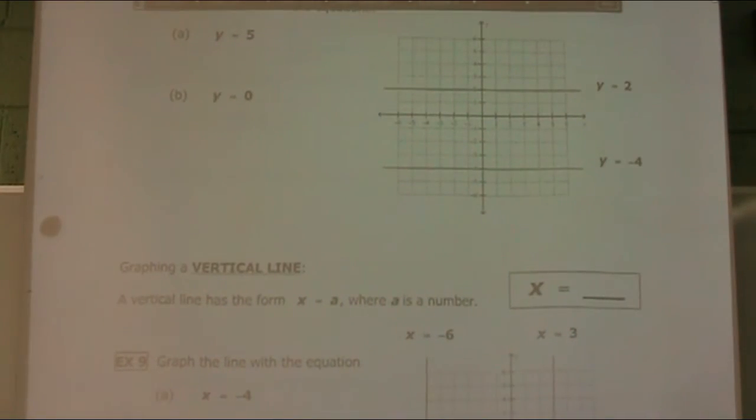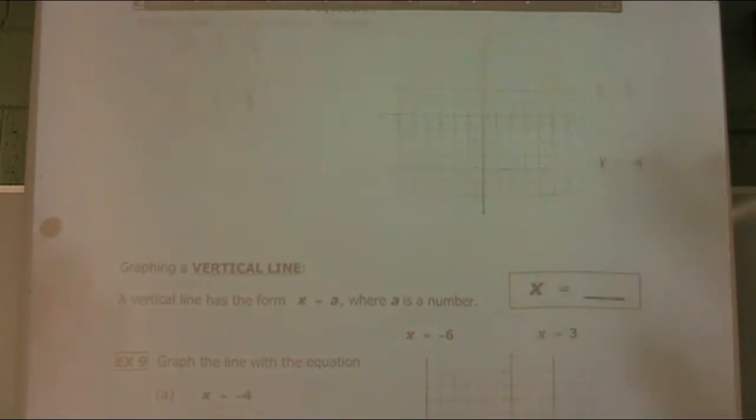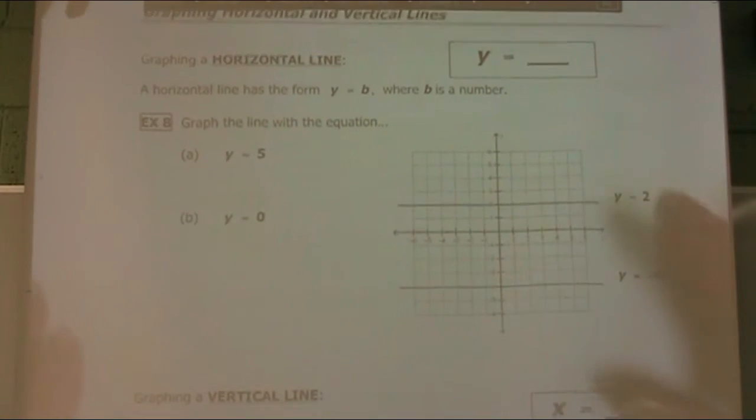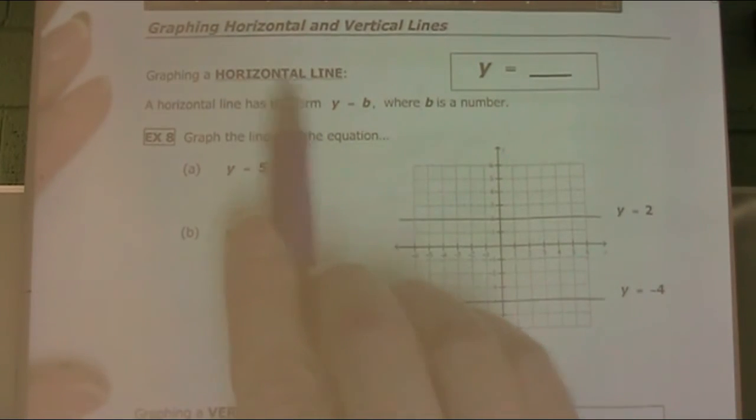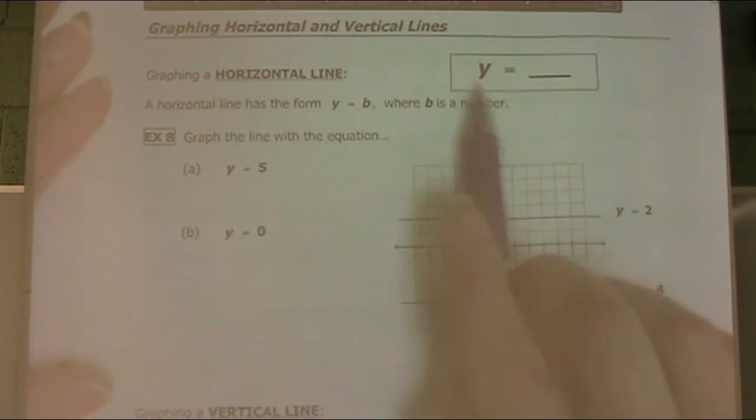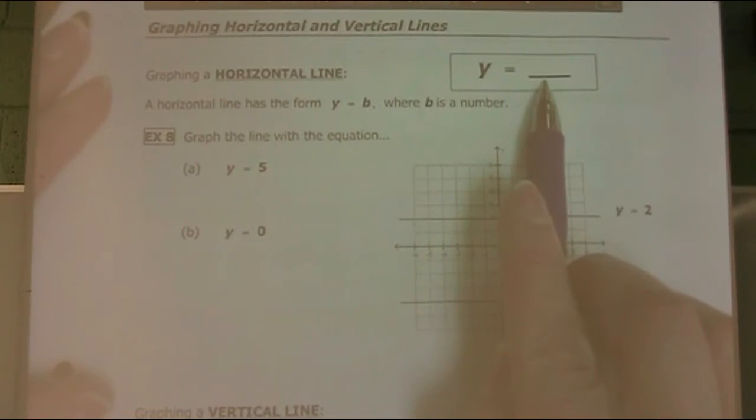Now the next thing that comes up is horizontal and vertical lines. And this is particularly interesting because horizontal and vertical lines, the equations look completely different. So you can tell if you're going to have a horizontal or vertical line simply by looking at an equation. For a horizontal line, you're going to have an equation that says y equals a number.